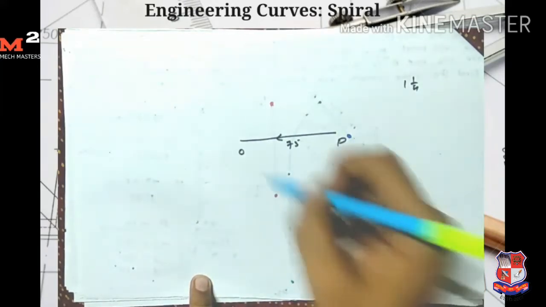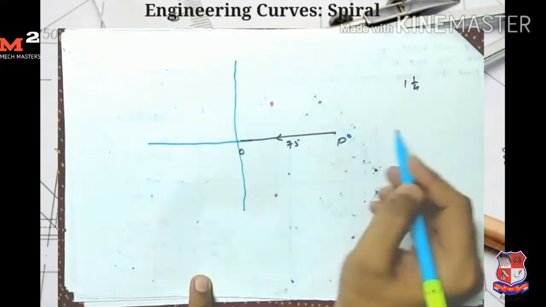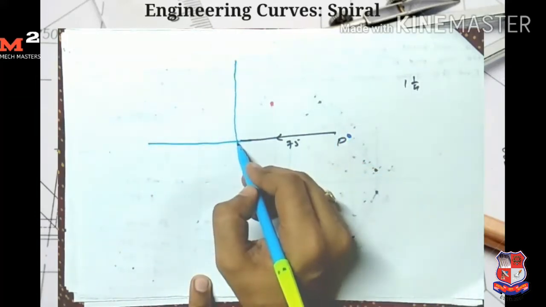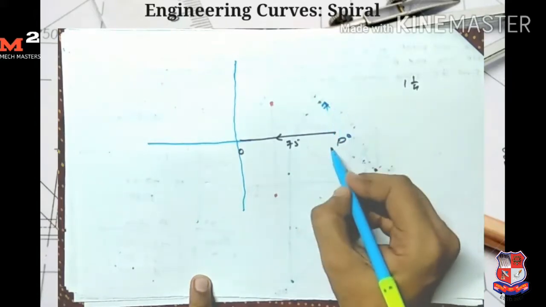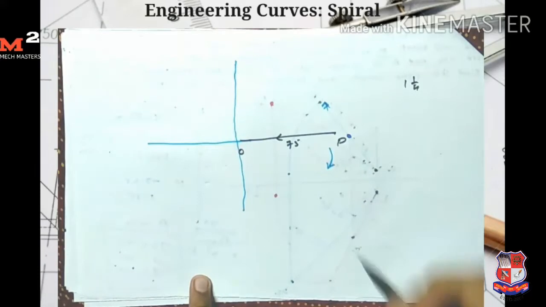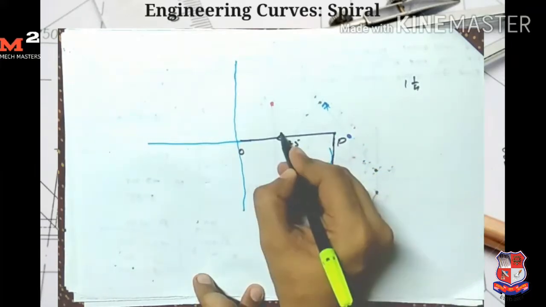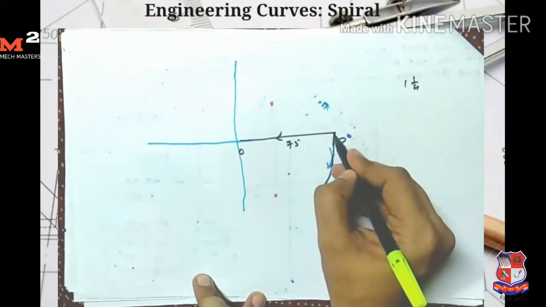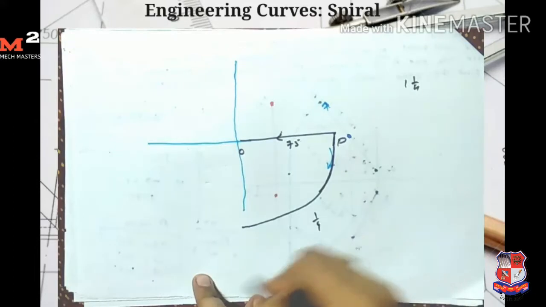So if I draw one vertical and one horizontal line, point P moves toward O and also rotates in the clockwise direction. When the point starts rotating and moves in this direction, its radius decreases. When it comes here, it completes 1/4 revolution.